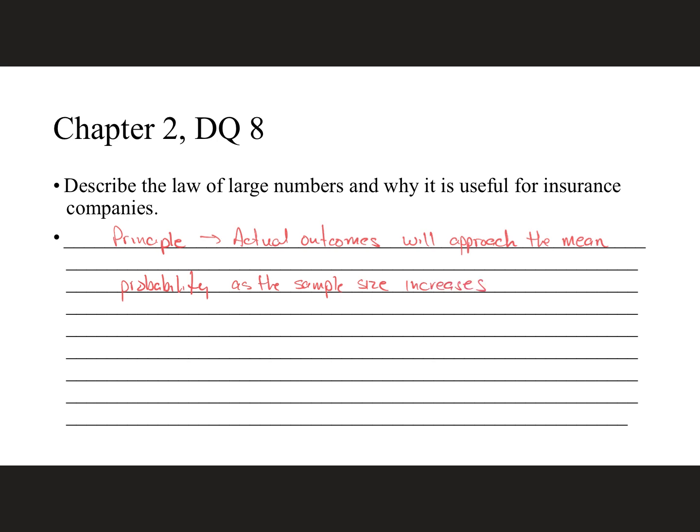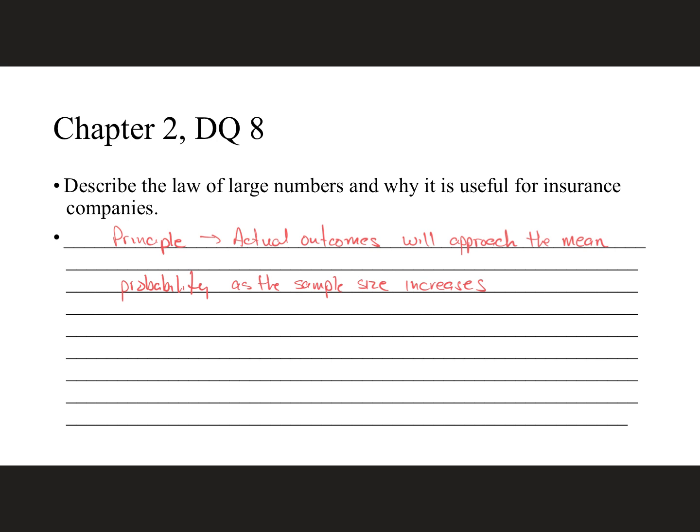When you ask someone to flip a coin and you say, what's the probability that it's going to be heads or tails? And they'll say, well, it's 50%. That is true when you take into consideration a lot of coin tosses. So if you were only to do it three times, it's very likely that you might get three heads or three tails, and therefore it's not 50%.